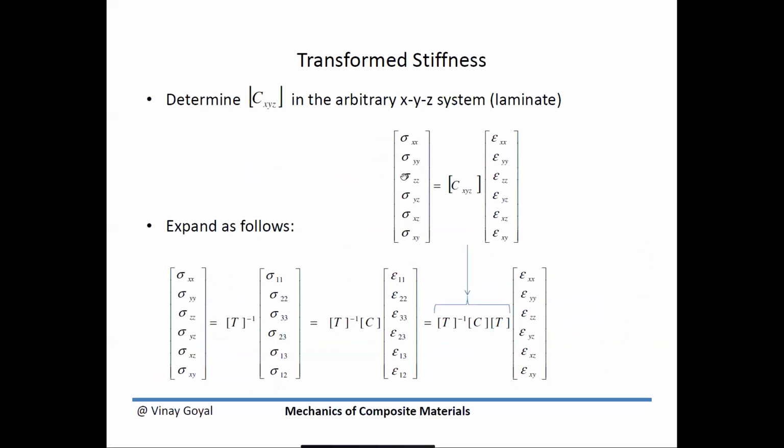So how do I determine C in the arbitrary XYZ system? This is really what I want to do. I want to find a relationship that relates stress to strain through a constitutive law that's defined in the XYZ system.